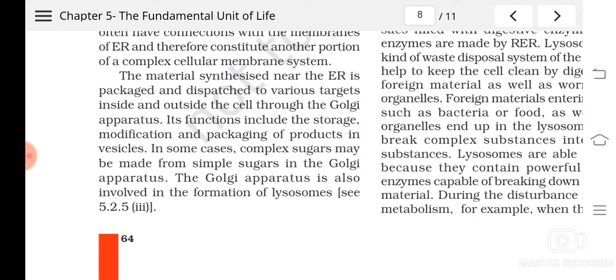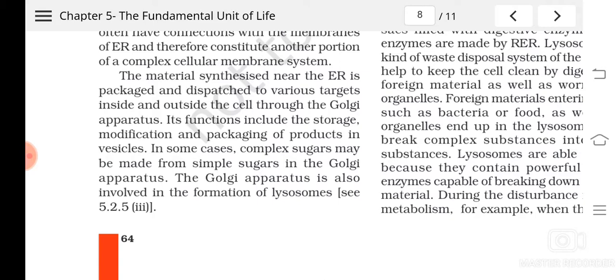So the first function is packaging and dispatching of various substances synthesized by ER to different parts of the cell and also to outside the cell. The second function is the storage, modification and packaging of products produced in the ER. They will be stored, sometimes modified, sometimes packed so that they can be sent outside.